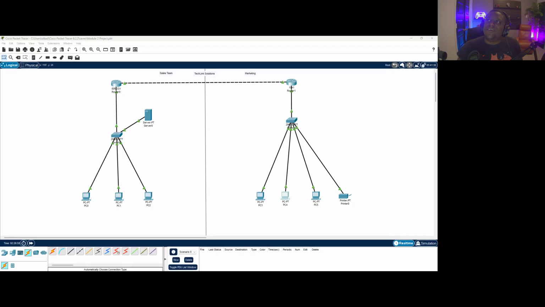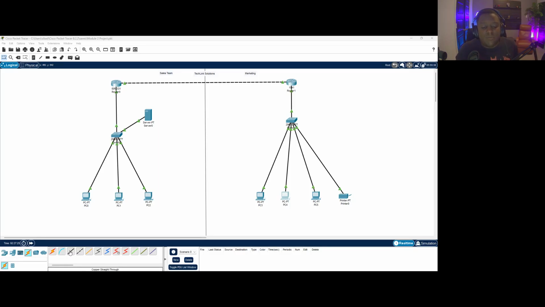Okay, so to start us off, I basically inputted the router 0 information and the router 1 information into the switches using the corresponding cables. You can automatically choose cable types to connect everything together.